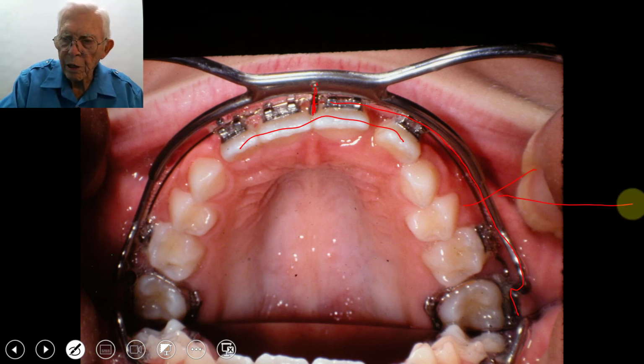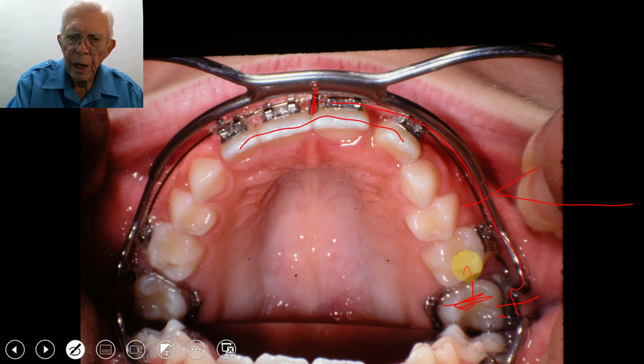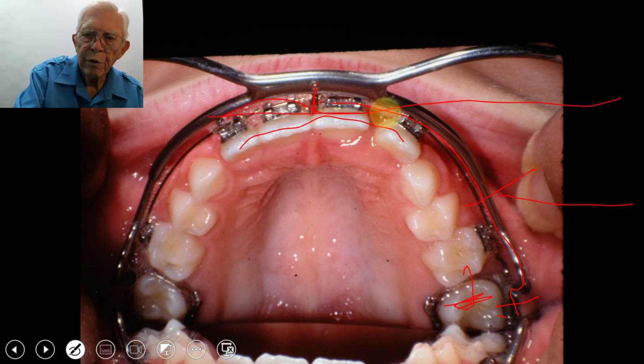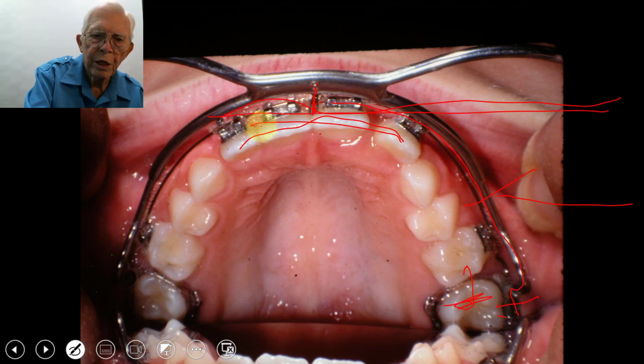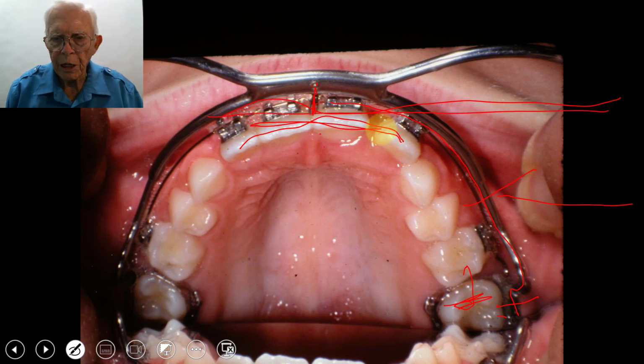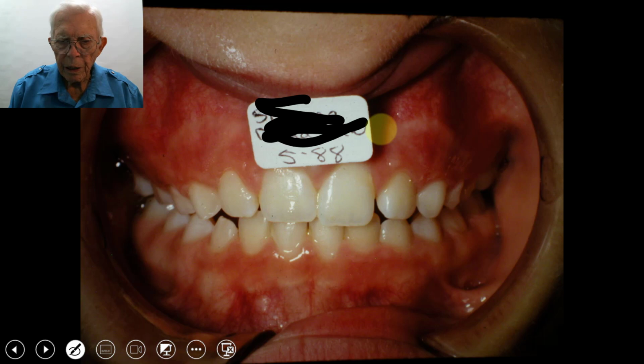You cut these bars and hook up it there. If you go further back in here, you'll pick these teeth up and you'll leave these, or you cut the bar short enough because here you can raise the upper anterior teeth without picking up the posterior teeth. Now that's a lesson in occipital headgear.